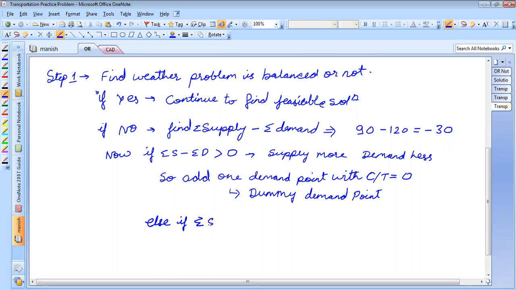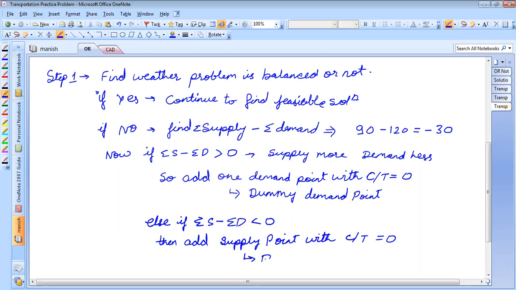if summation of S minus summation of D less than 0, then add supply point with cost of transportation equal to 0.